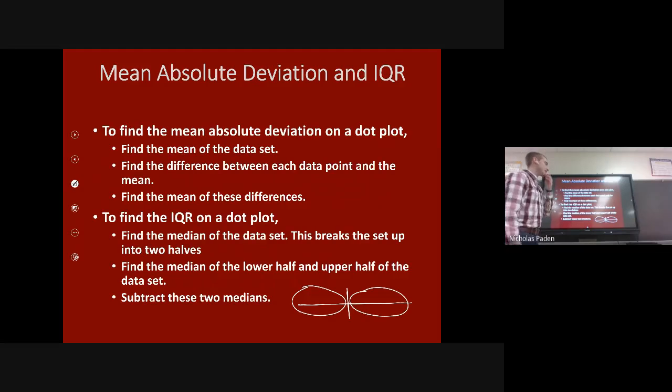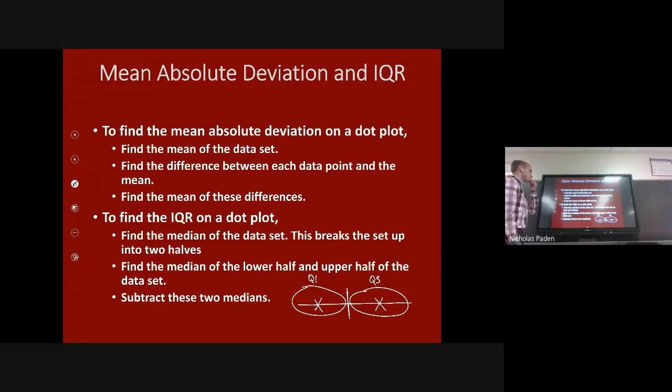The way that we find the IQR is we're going to find the median of this half, the median of this half. The median of the bigger half of the data is Q3. The median of the smaller half of the data is Q1. And so we've got Q3 and Q1. And then remember, to find the IQR, you would subtract those two.